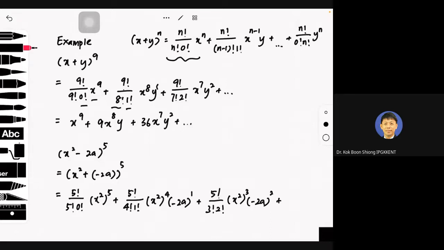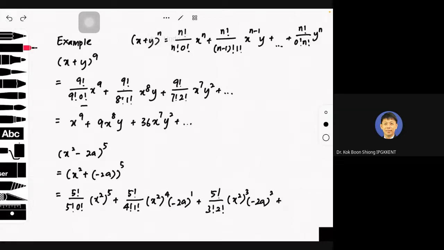The third one will be 9 factorial over 9 minus 2, which is 7, factorial, and then y to the power of 2, 2 factorial.